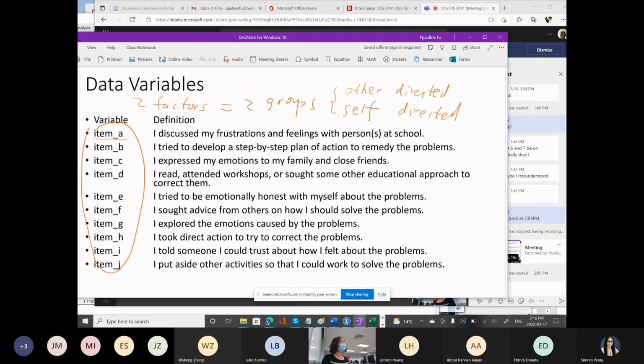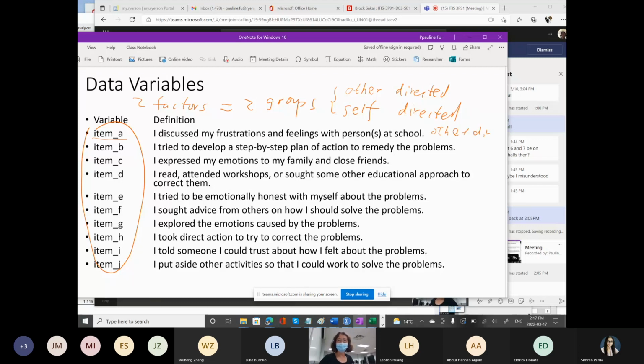We used the same data set in another lesson. Remember, we produced 2 factors. And we gave those 2 factors names: one is other directed and the other is self-directed. For example, item A, I discussed my frustrations and feelings with other people. So this is other directed, right?